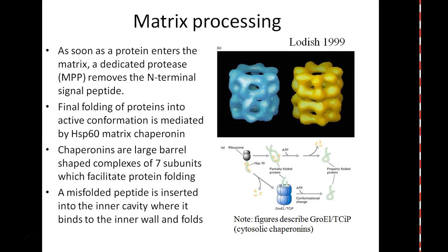They use ATP energy to unfold the peptide, refold, and do it several times. And finally, when the protein acquires its native structure, the final native conformation, which is usually an energetically favorable state, then the final protein is released.